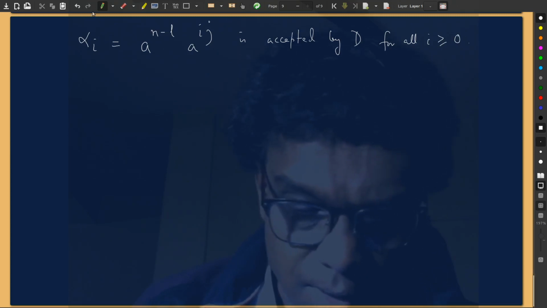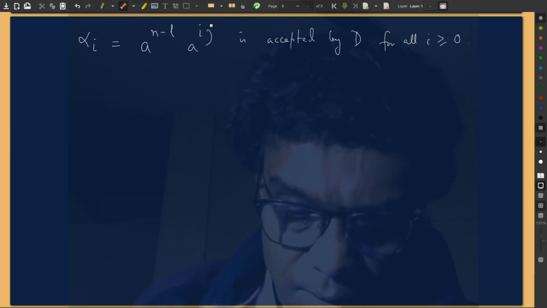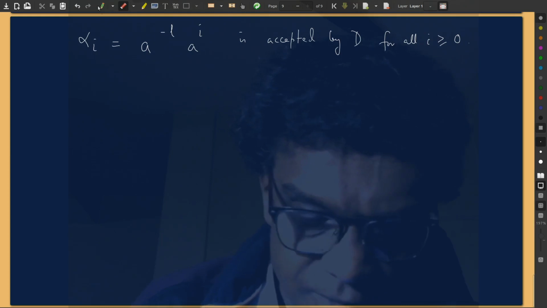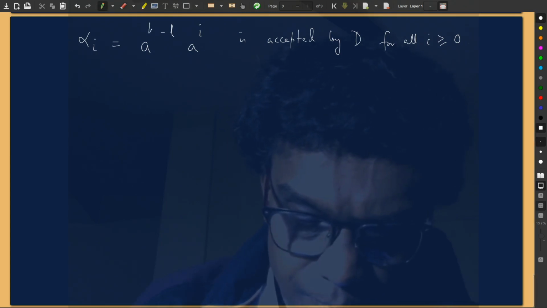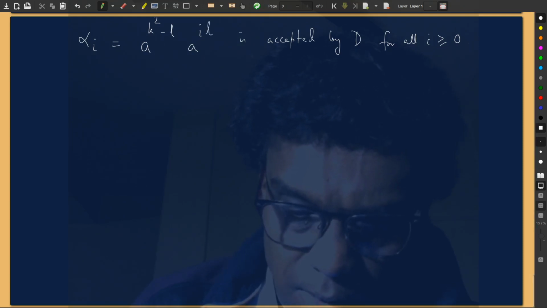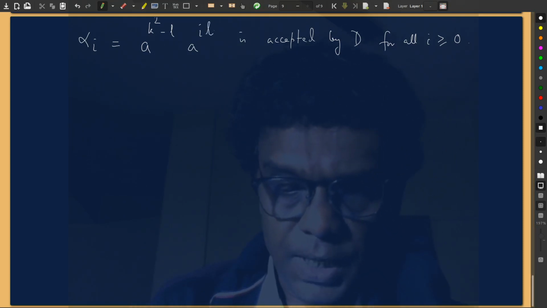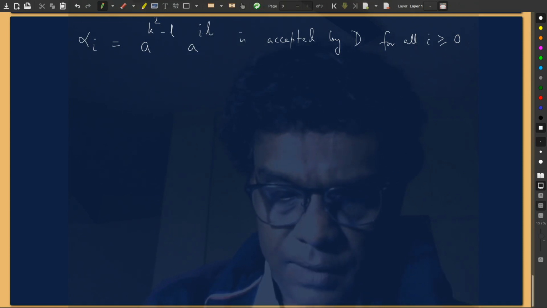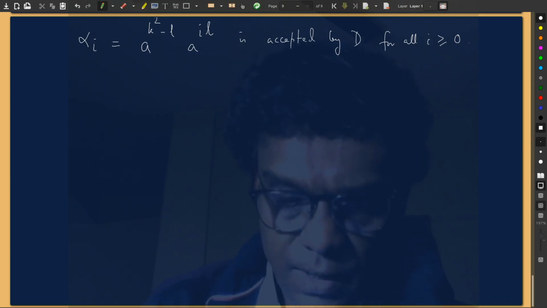Sorry, again a mistake. This should be, actually n is nothing but k² that we have taken, and i·l, a power l you are pumping in or out. So in particular, if i is 1, k² minus l plus l, which is the same as k².